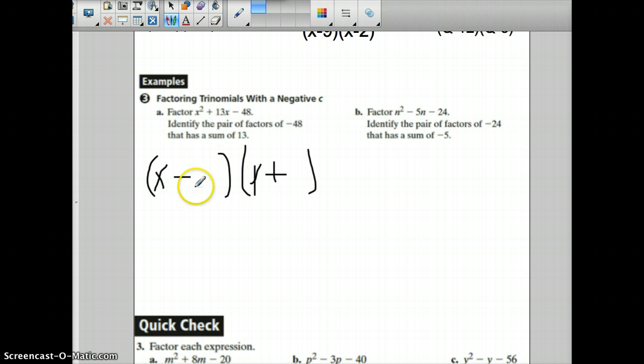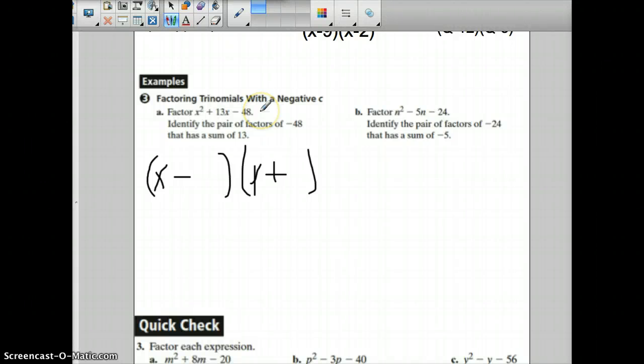Since my signs are different here, those numbers are going to be subtracted, and the larger number is going to result in a positive 13. So think about two numbers that when you multiply them together, you get negative 48, and when you add them together, you get a positive 13.